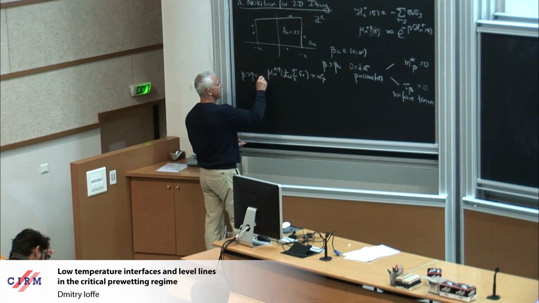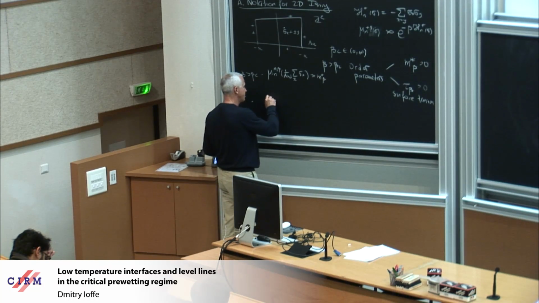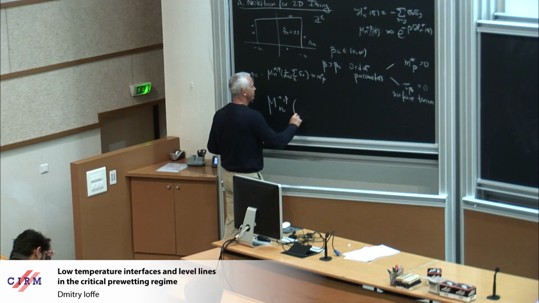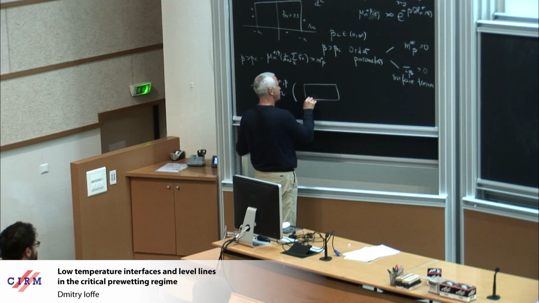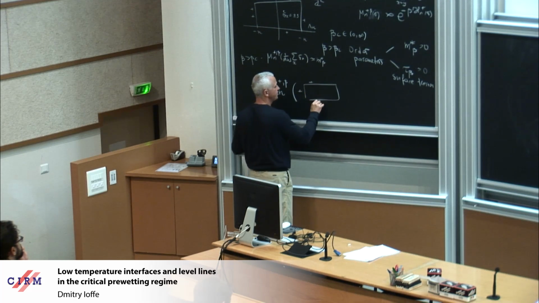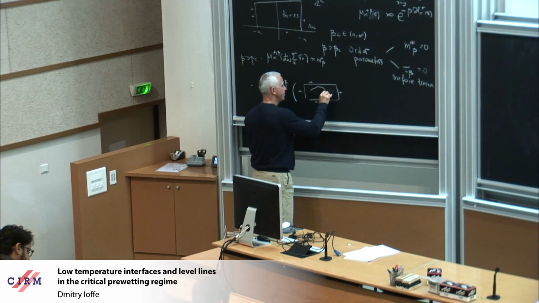And for the surface tension, the way to describe it is, for instance, this probability mu plus beta: here's the box, I'm just making a picture.